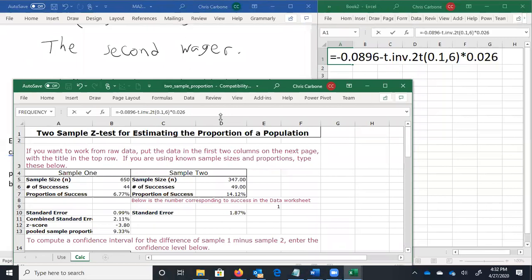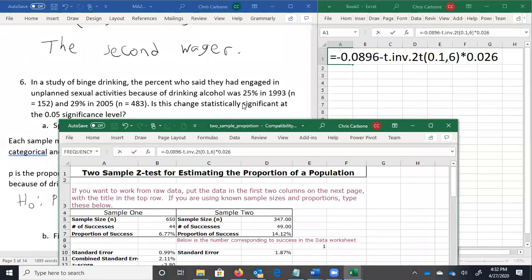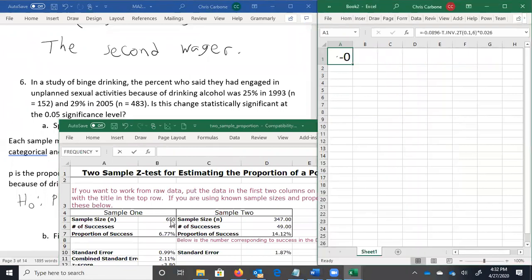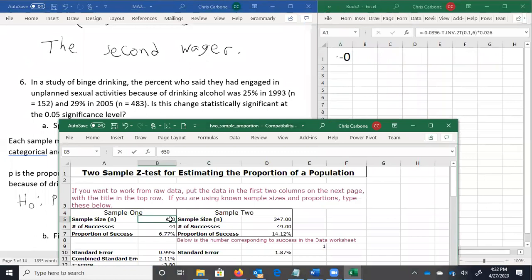So this one I have 25% in 1993 for a sample size of 152. So 152 goes in the sample size. The number of successes, this is given as a percentage, not as an actual number. But to make sure we get the actual value for this, I'm just going to do 152 times 0.29.